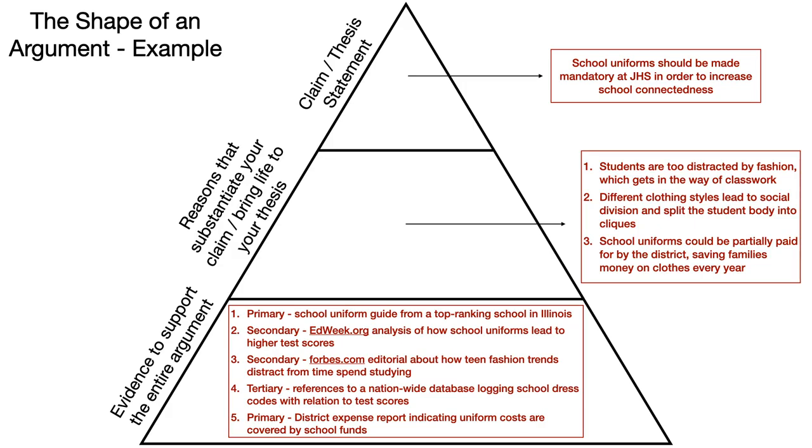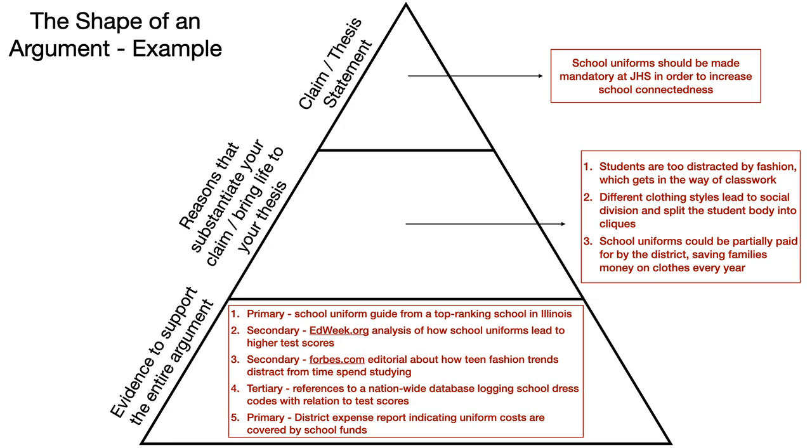Let's throw in a tertiary source, which would be references to a nationwide database that logs school dress codes with relation to test scores. And then for good measure, we'll throw in source number 5 as another primary, which would be district expense reports indicating that uniform costs are covered by school funds.